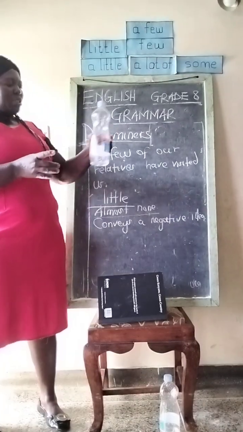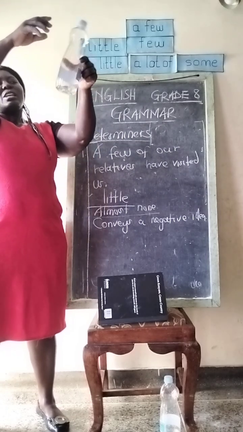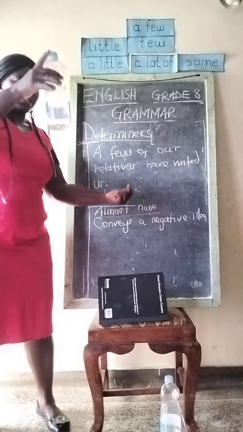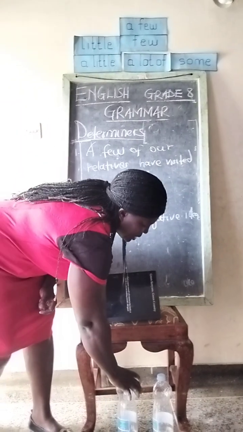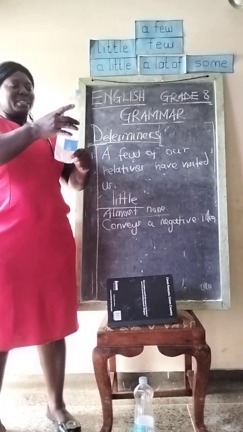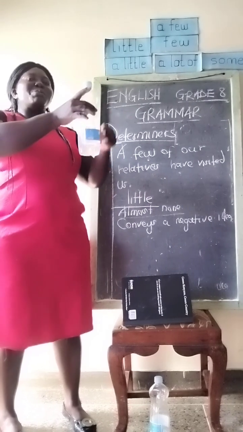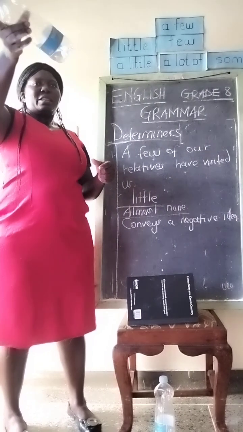What I mean is this: something that is not enough. You cannot use it. It cannot help you. Almost none. Little water. When you ask me for water, and I tell you, yes please, you can go ahead and take my water, I have a little. Then what I mean by a little water is an amount of this. I hope you can see it properly.